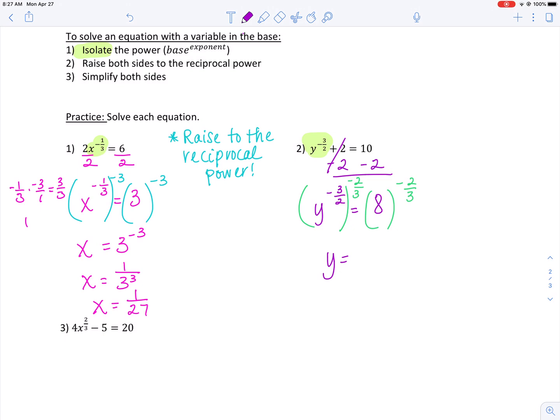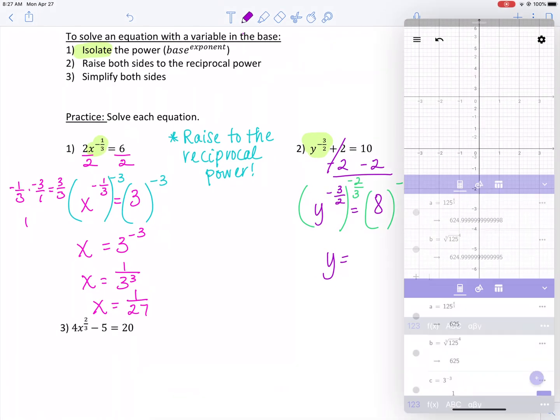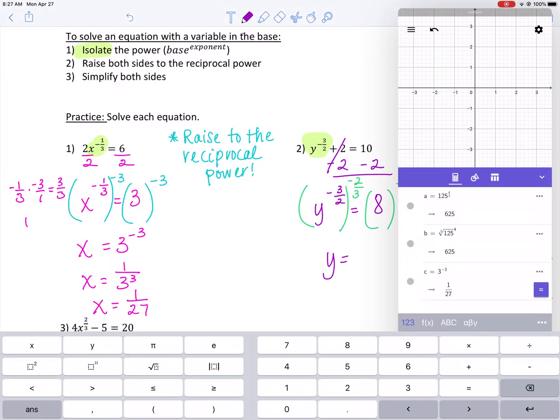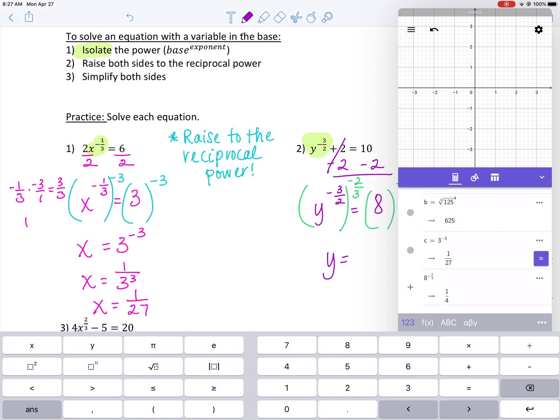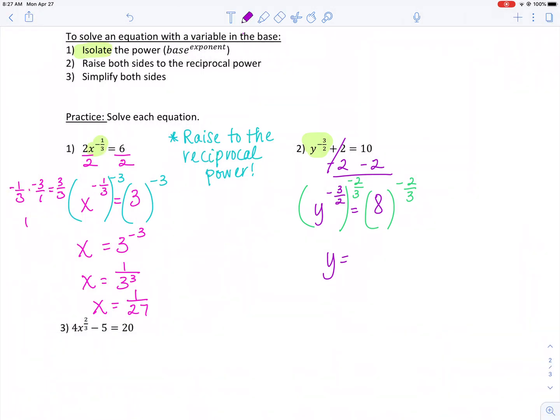For you guys, you're just going to go right into your calculator and do 8 to the negative 2 divided by 3. And you'll get positive 1/4.